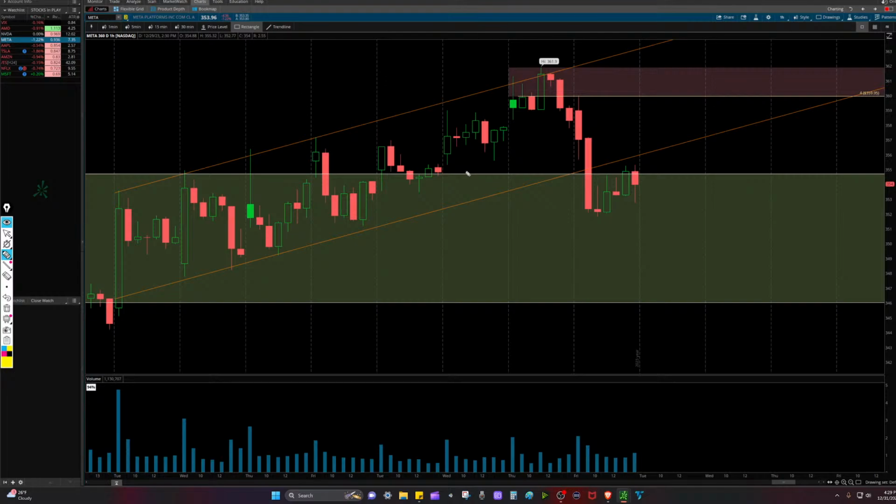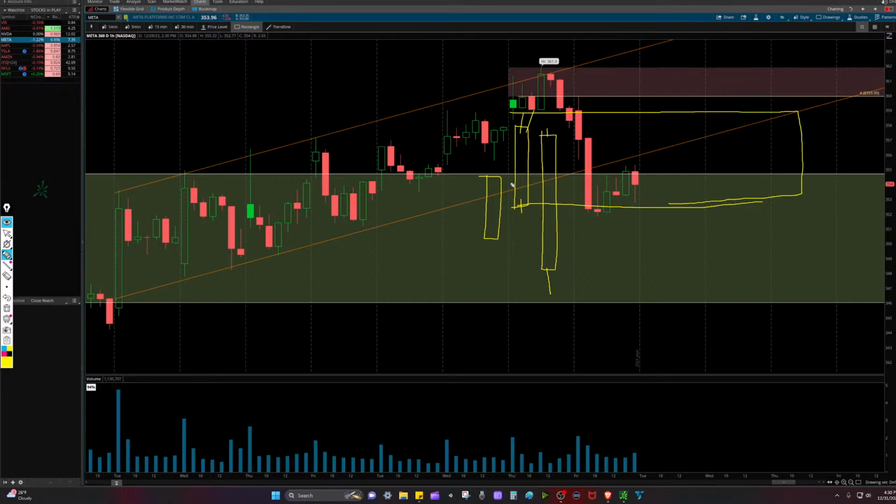So supply zones are any zones that, in simple terms, if you see a move up higher and then it immediately moves down lower like this, right? Then we take the base of this candle, the last move up higher, to the height of this candle, and we draw this as a supply zone.